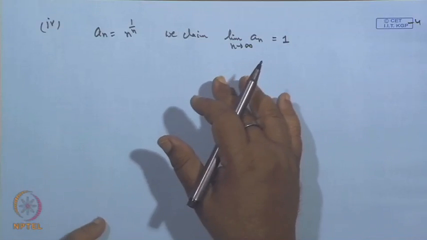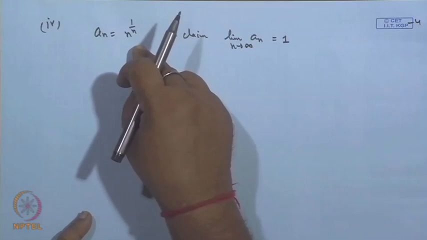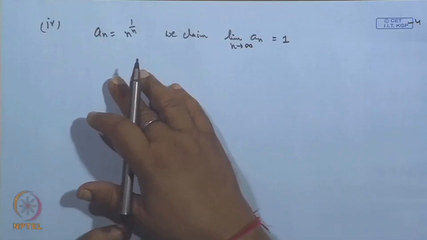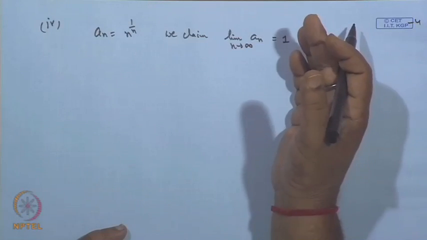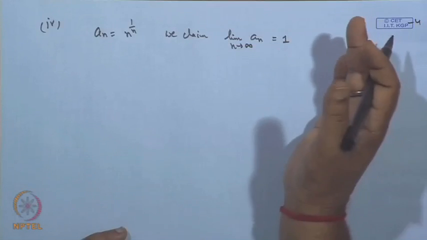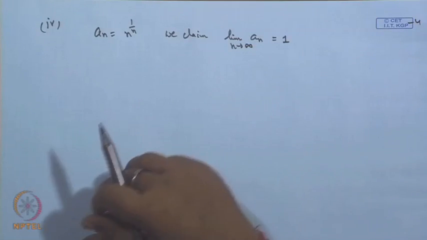First we will show that this sequence is monotonic. Okay? If we prove it is monotonic, decreasing or increasing: if increasing and bounded above, or if decreasing and bounded below, then its limit will exist.